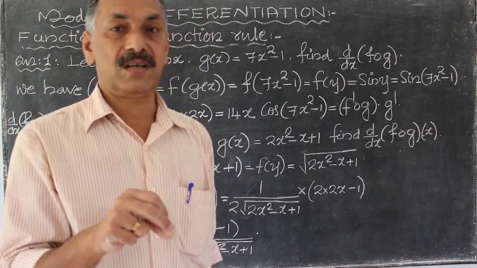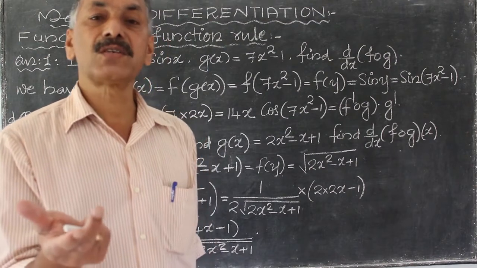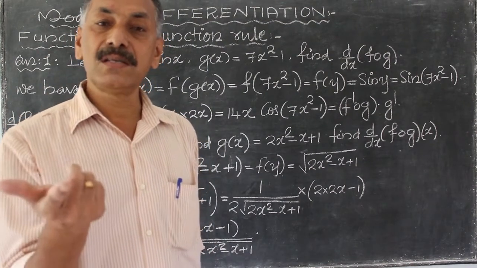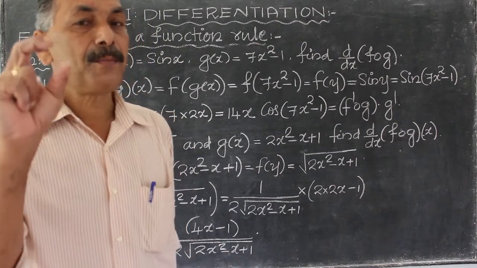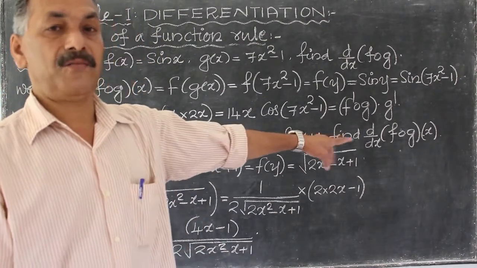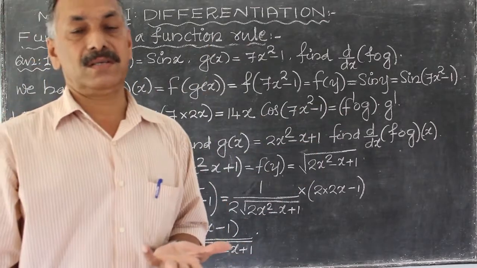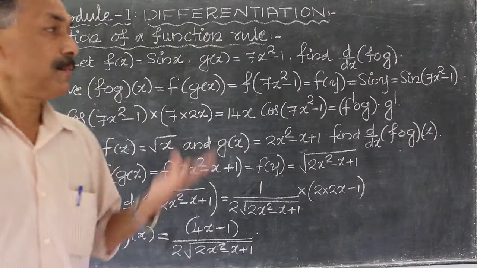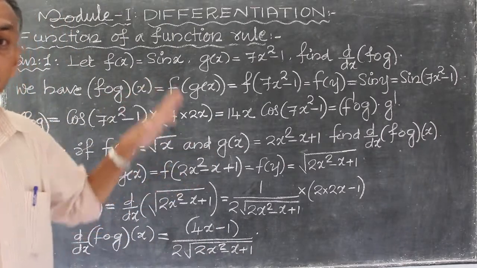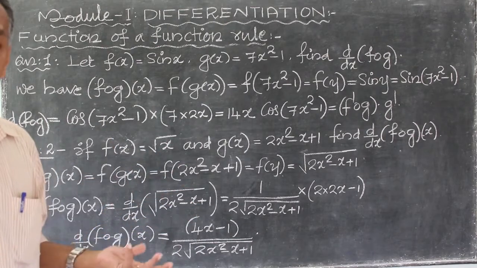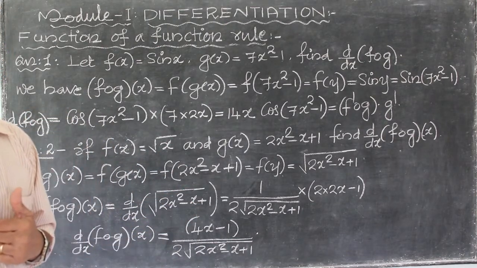Then the derivative of f dot g is equal to f dash dot g into g dash. We apply this property. First we find f dot g and then take the derivative of f dot g. If a problem is given in this model, first find f dot g or g dot f, then find the derivative.